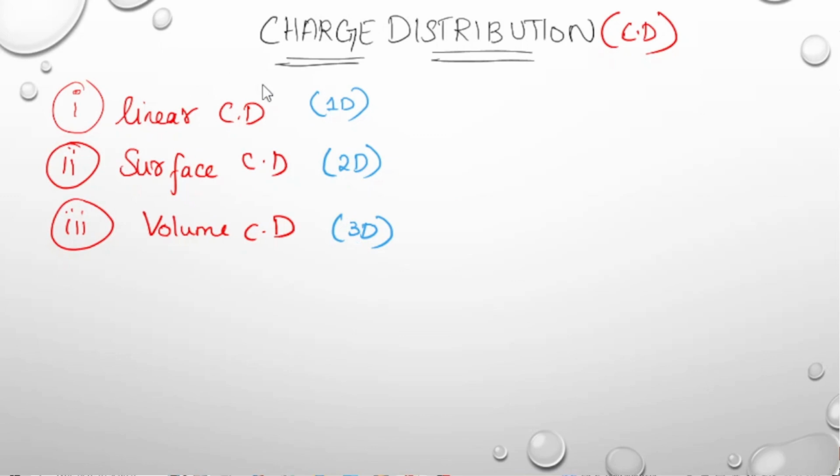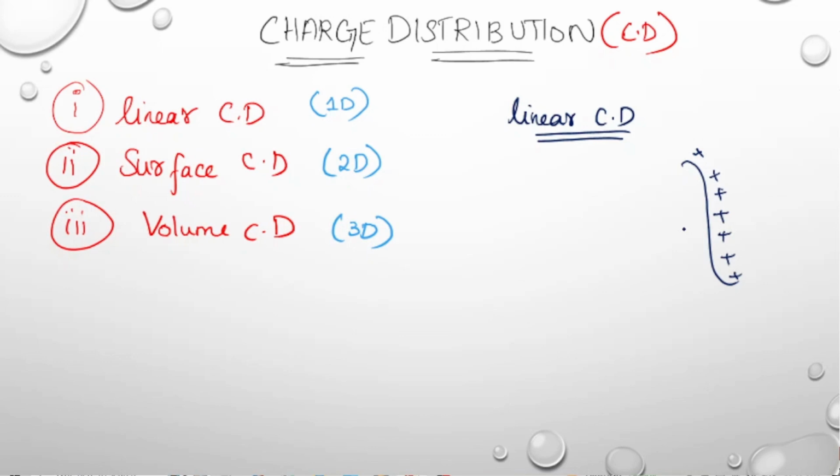Now I'm going to talk about linear charge distribution. I'm going to take a linear source, like a wire. So my wire is completely positively charged. Let me consider a small length dl.